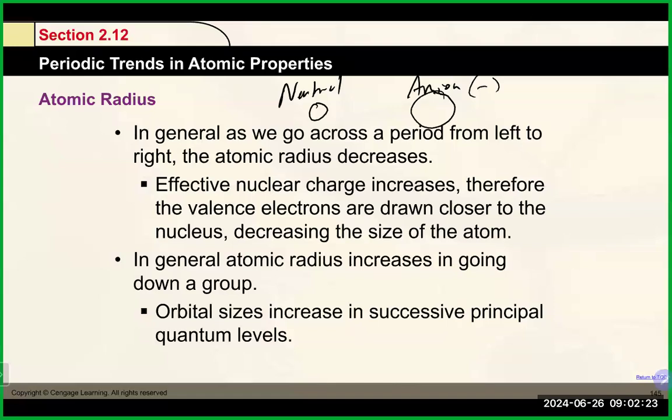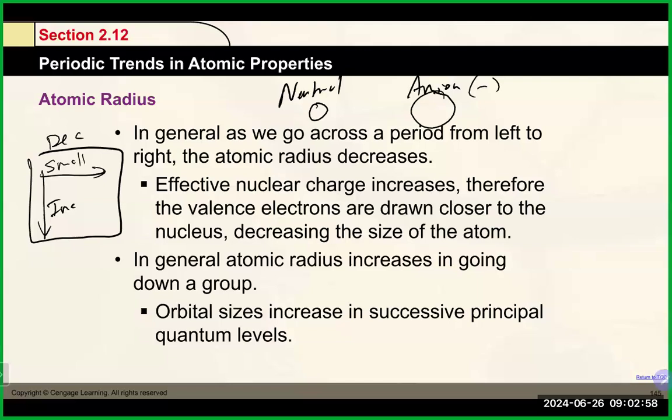In general, though, when we talk about neutral atoms, as we go across the periodic table, everybody gets smaller, or decreases, I guess is the better way to put it, and it increases as we go left and down. Again, as we go to the right, we have an increase in the number of protons, but we also see an increase in the Z effective, which has those outer electrons feeling more attracted to the nucleus and being brought in. So the overall size is going to be smaller.